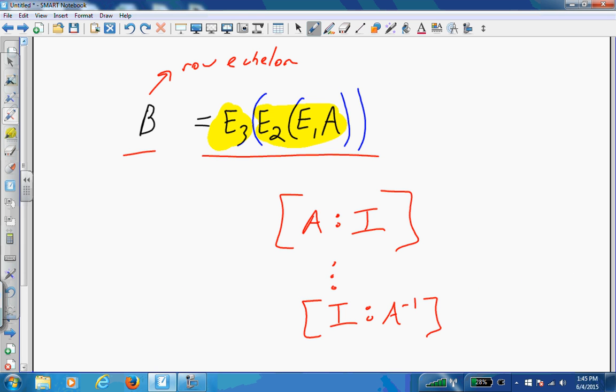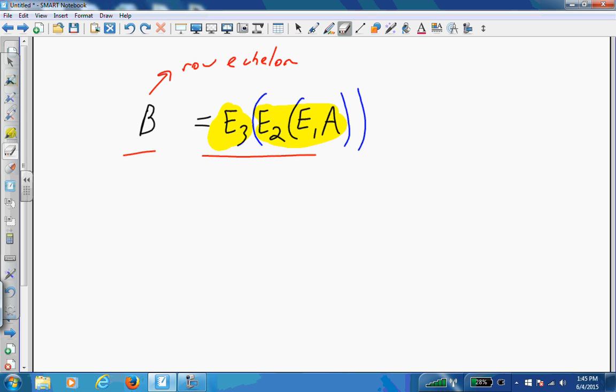So if we can reduce A all the way down to I, that's said to be an equivalent matrix. So if A can be row reduced down to it, we get to the identity.